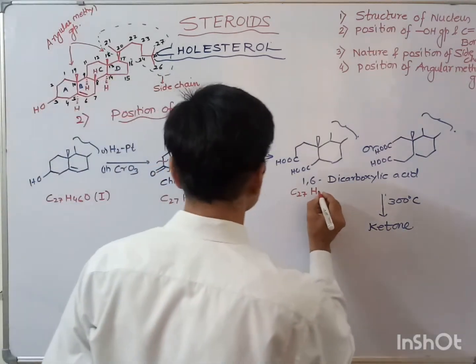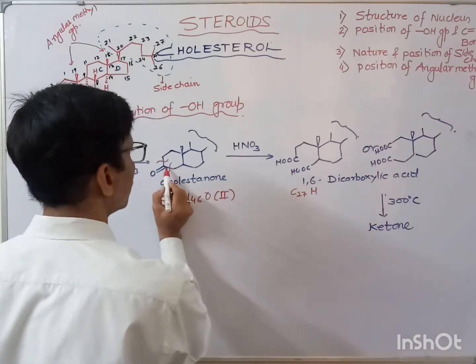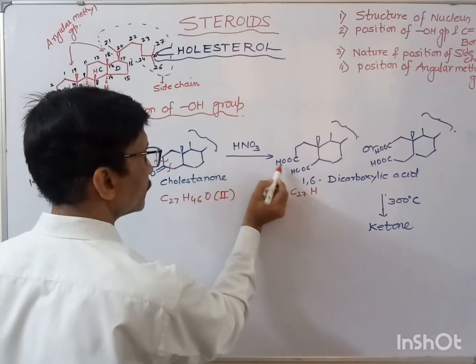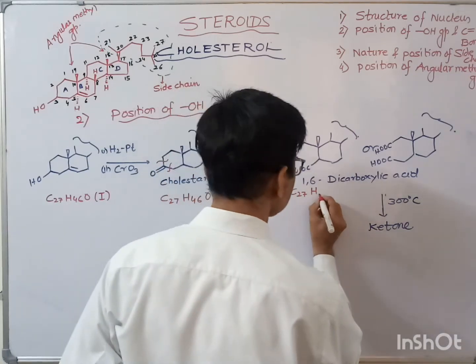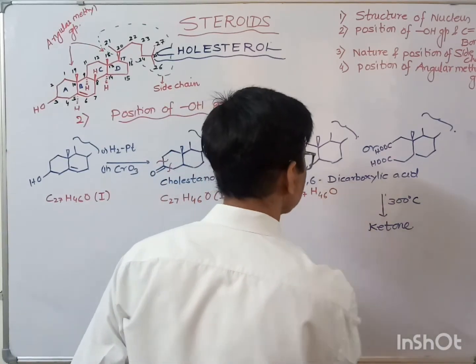From here these 2 hydrogens are removed and 2 hydrogens are added over here, and 2 hydrogens are removed from here. So the formula is C27H46O.